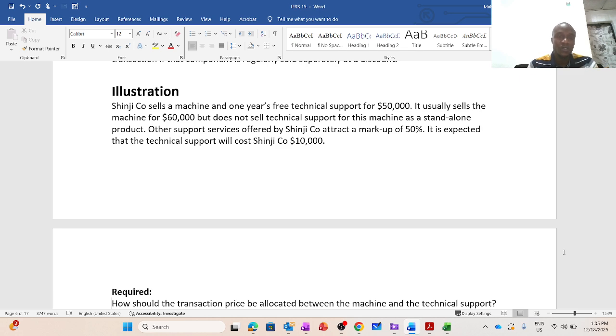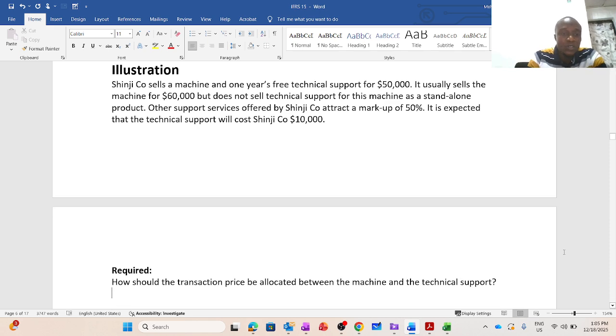So we are going to use that selling price to determine the standalone selling price for the technical service relating to this particular question.